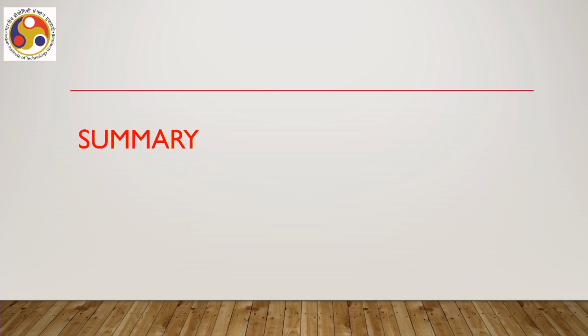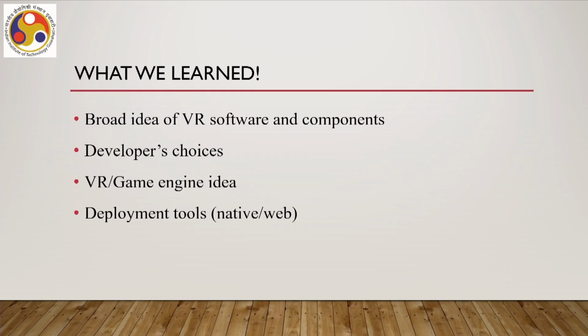So, with that we conclude our discussion on VR software. Before we finish, let us quickly summarize what we have covered. We got a broad idea of VR software. We tried to understand the software in terms of an abstraction, the virtual world generator, and we have seen the key components that the abstraction should support for a developer to be able to build VR applications.